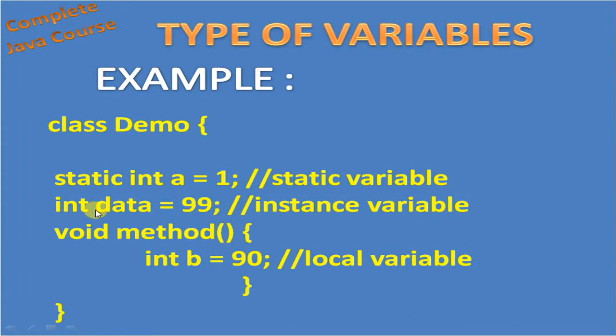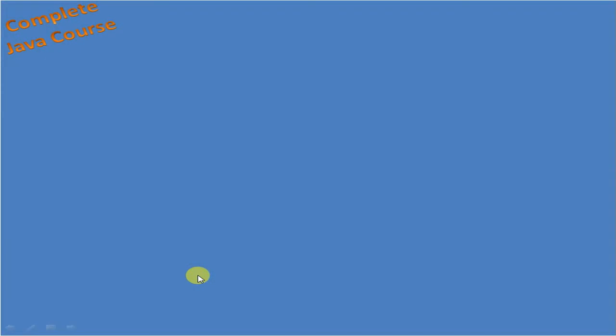Because we are not using the static keyword with this variable and we are defining it outside the method. If a variable is defined with the static keyword, then it is called a static variable. So a is a static variable, data is an instance variable, and b is a local variable.